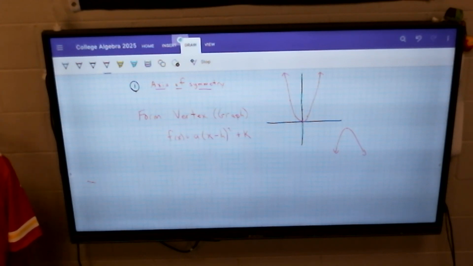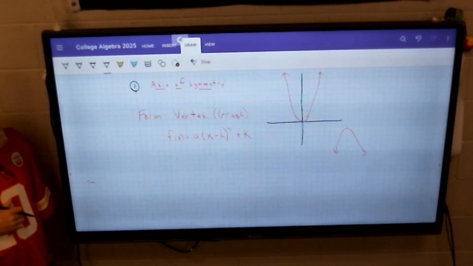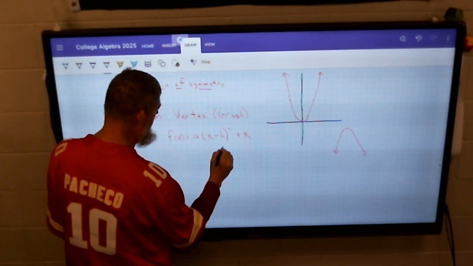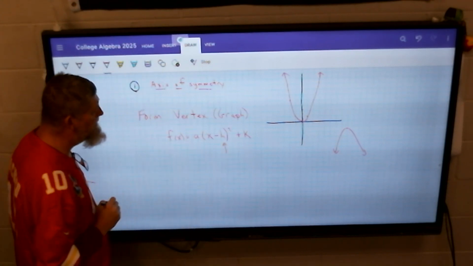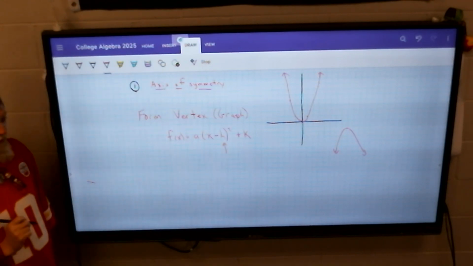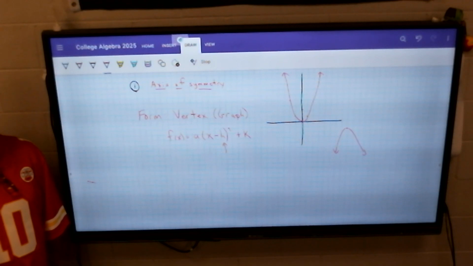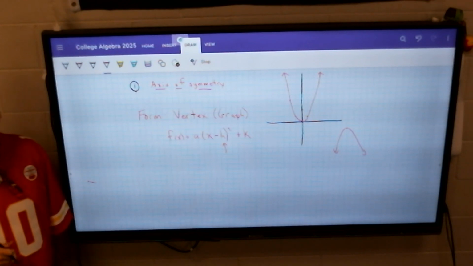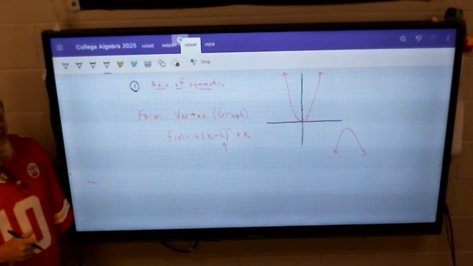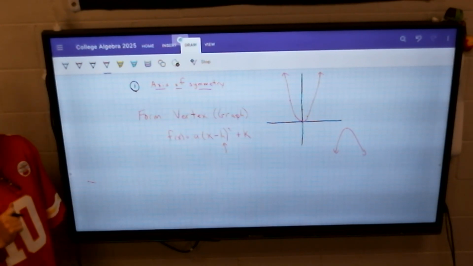So what does each part tell me? What does the h tell me? Height. Good guess, no. It's actually kind of the opposite. Width. Do you remember? I'm thinking. No, good thought, though.